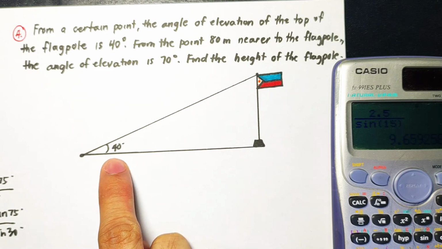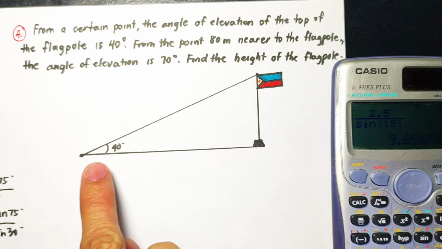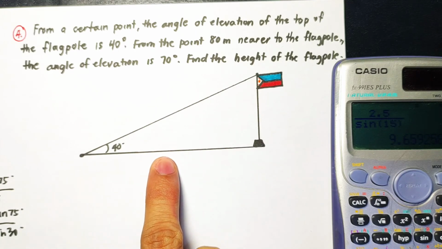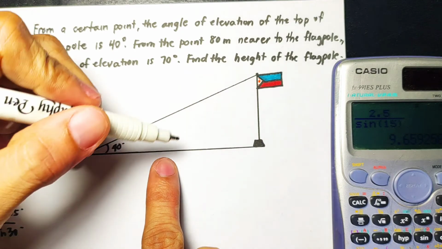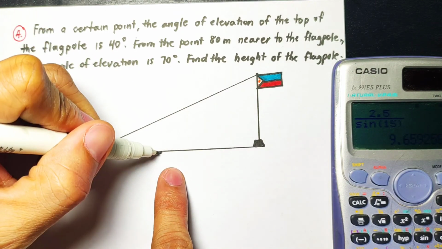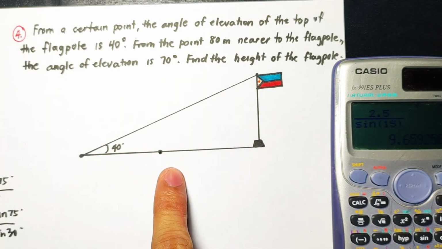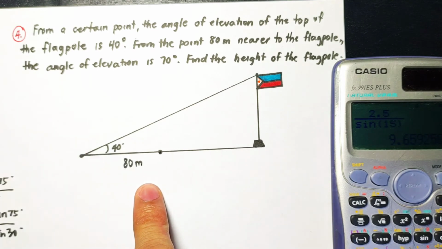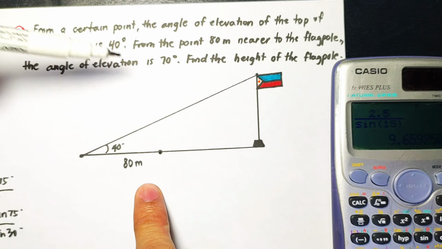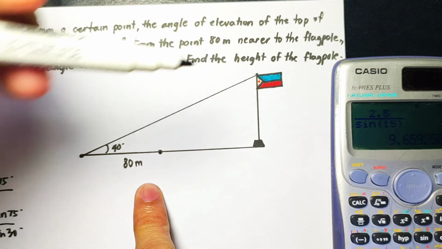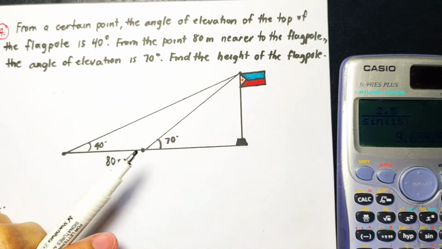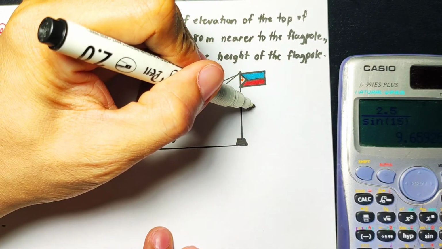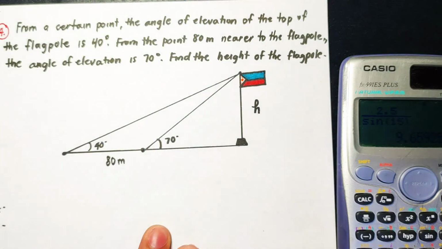From the point 80 meters nearer to the flagpole, so it's going closer to the flagpole, it measures 80 meters. The angle of elevation is 70 degrees. Now let us find the height of the flagpole, and let's denote that as h.